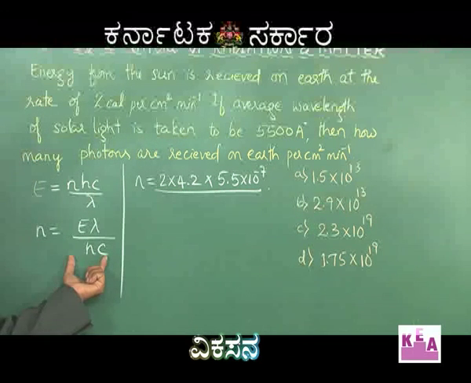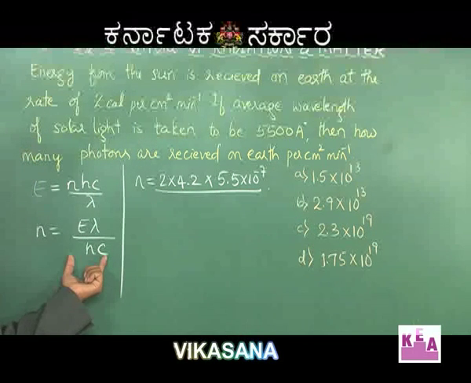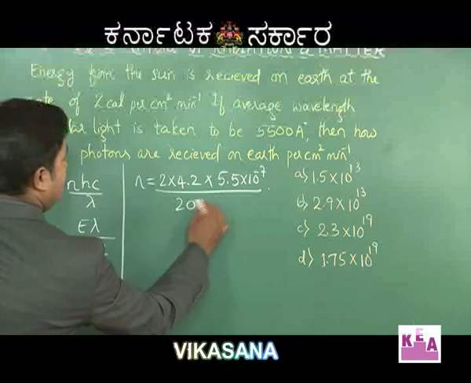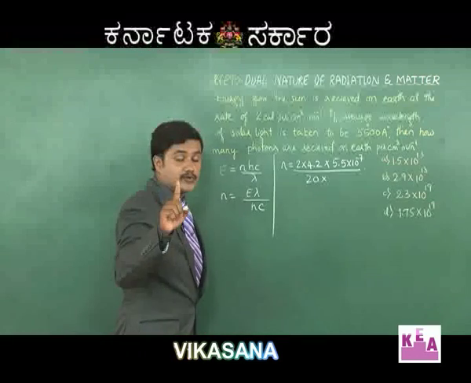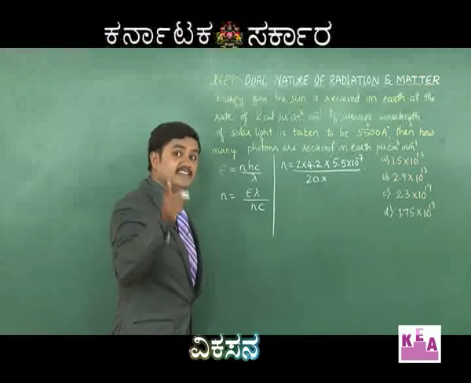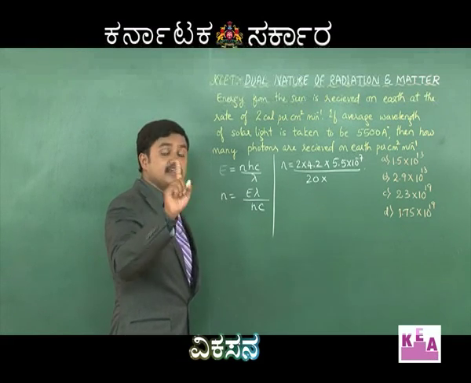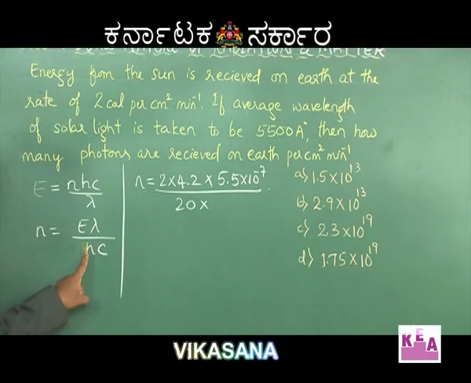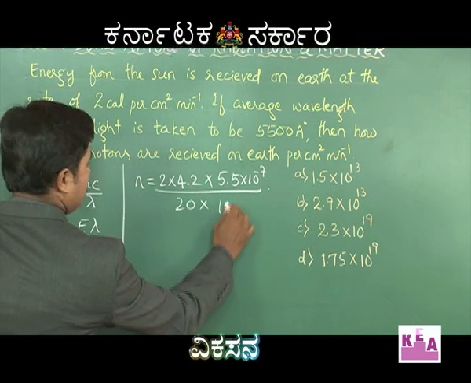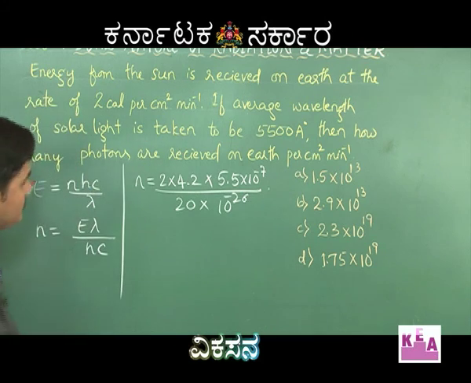And hc, my ready-made value of hc, I hope you students remember this, it is 6.6 into 3, 19.875, approximately can be taken as 20 into 10 power minus 34, 10 power plus 8, it is 10 power minus 26, keep it as it is, 10 power minus 26.